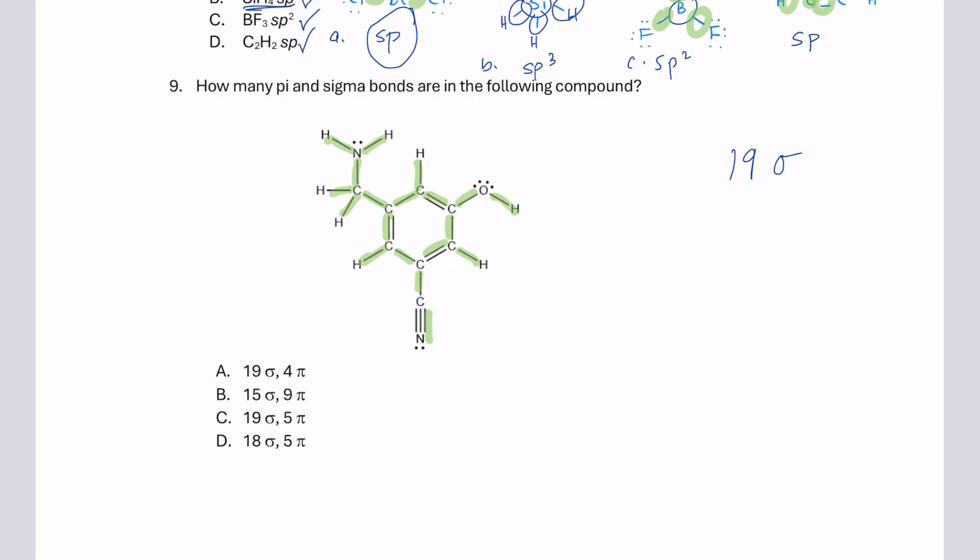So here where we have a double bond, one of them is sigma, but the other one is a pi bond. Same goes for this double bond right here and this double bond right here. Then for triple bonds, one is a sigma and then the other 2 are pi bonds. So we have a total of 5 pi bonds. In short, we have 19 sigma bonds and 5 pi bonds. So that means the correct answer here is going to be C.